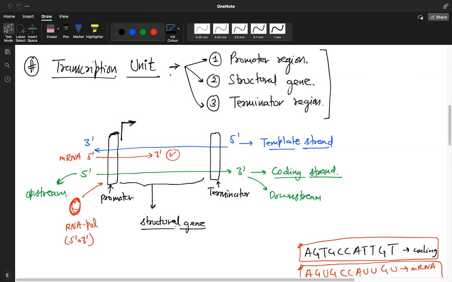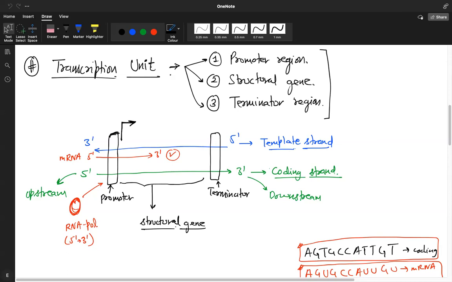Then transcription unit and the gene RNAs. There are four types of RNA. And also, how is this template and coding strand decided? We discussed that as well, right? It is from 5' to 3'. But both the strands have 5' to 3' in some or the other direction.